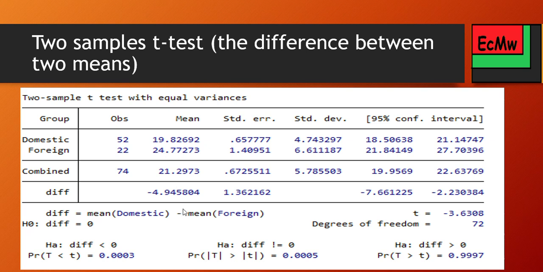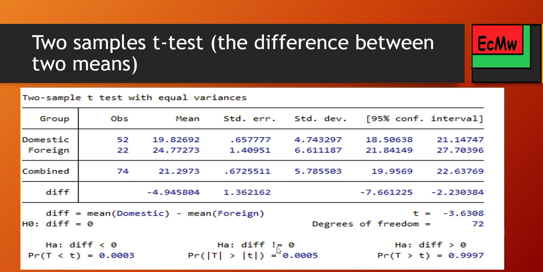And this is the difference between the foreign-made cars and domestic-made cars in terms of fuel consumption. So we are testing whether this difference is significant. The null hypothesis is here, which says the difference is 0, while the alternative says the difference is not equal to 0.